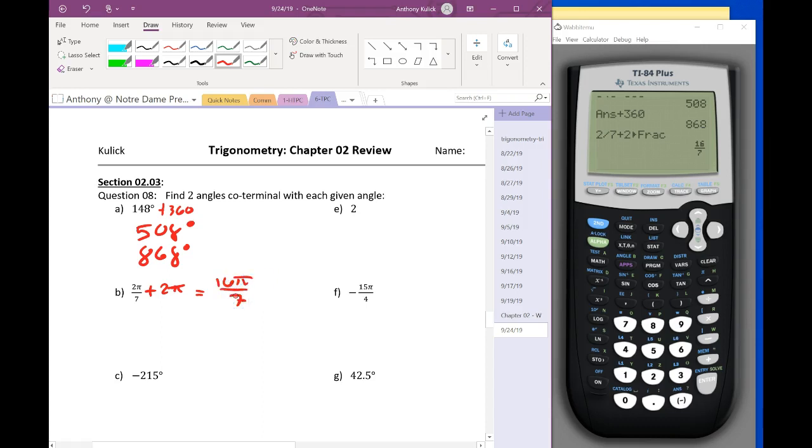Nice little shortcut. And then I'll just add another 2 pi to this to get my other answer, which is 30/7, or 30 pi over 7. That was easy.